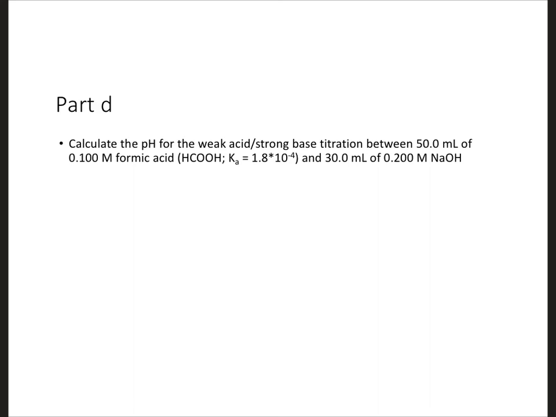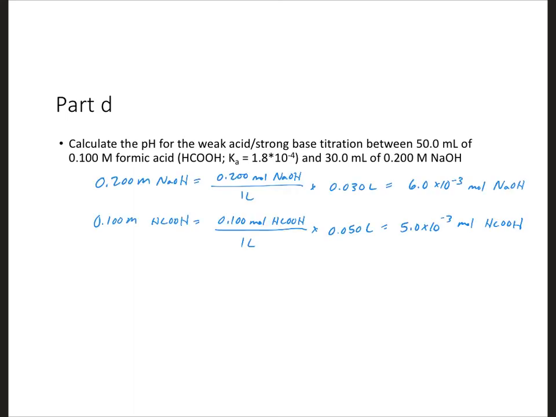So we can just figure out how many moles of base we have added, how many moles of acid we started out with, and what our new volume is. And so let's work that out together. So now we've calculated the moles of sodium hydroxide and the moles of that formic acid. And that number for formic acid is just like last time, 5.0 times 10 to the minus 3.